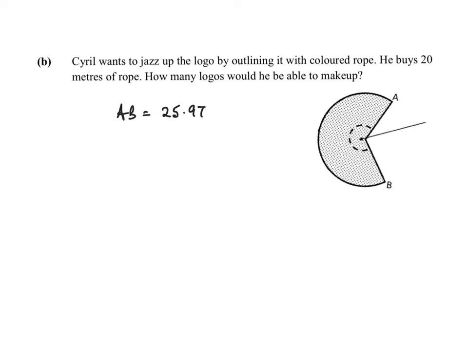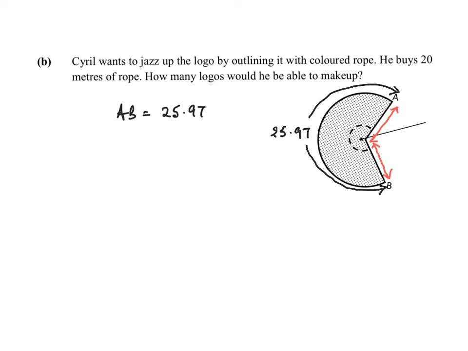Now it says it wants to outline it with coloured rope, so we've just worked out that this is 25.97 here. This distance round to A and all the way around to B. What we haven't yet considered is the fact that we also have to line this part, and we have to line this part here.